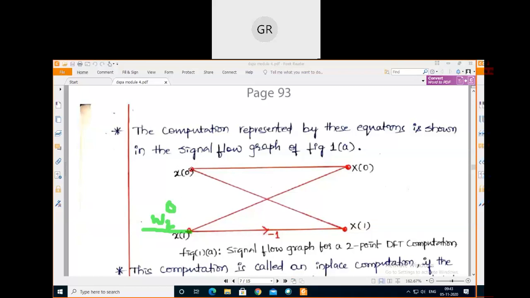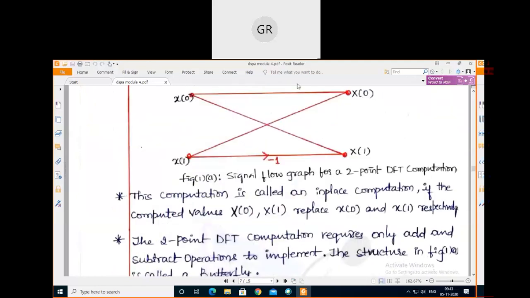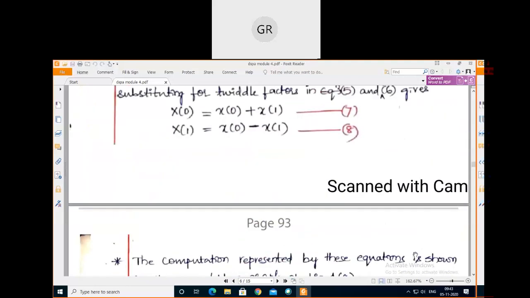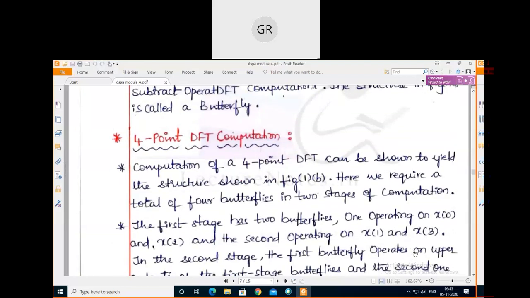Then X of 1 is equal to x of 0 minus W2 raised to 0 x of 1. Otherwise you can write it as it is: X of 0 is equal to x of 0 plus x of 1, X of 1 is equal to x of 0 minus x of 1. This is for the 2-point DFT.